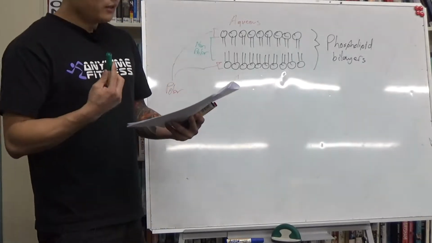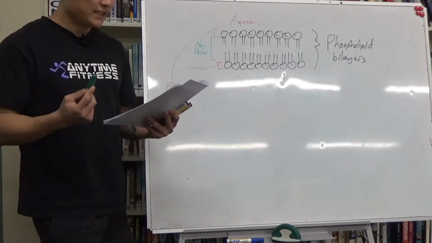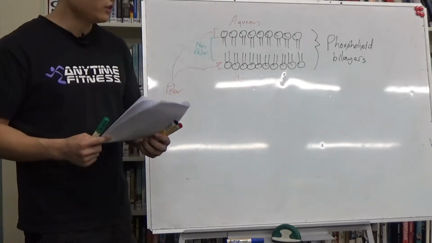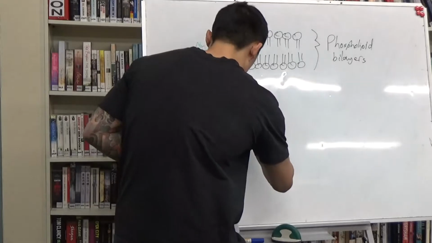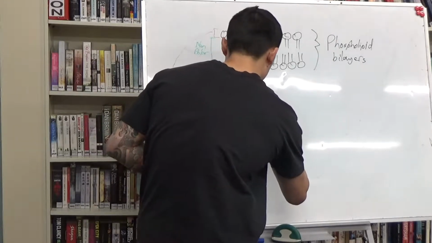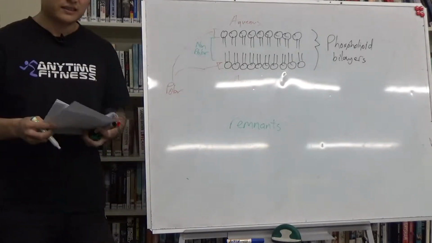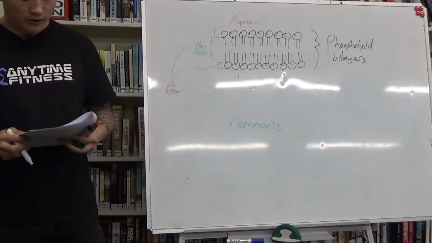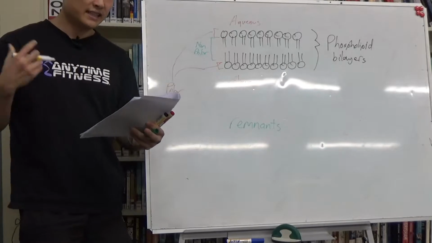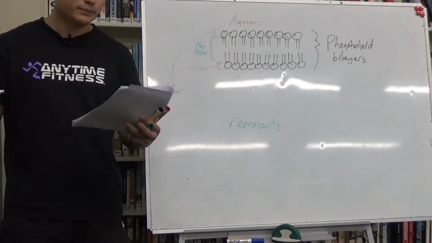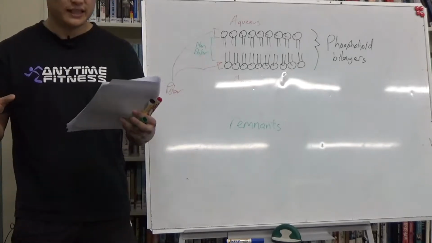Once these chylomicrons are processed by lipoprotein lipase, they're now known as chylomicron remnants. Okay, remnants just means the things that are remaining. Because most of their triglycerides have been taken out, they're now smaller and they have a lower triglyceride content.